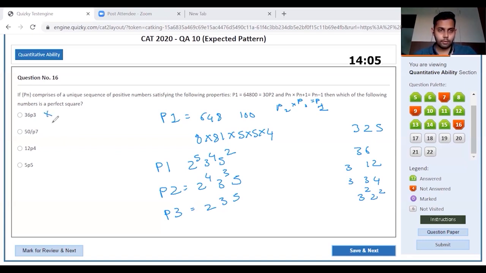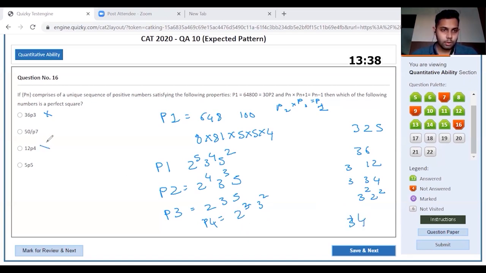Okay. Let's check for P4, which is 2 cube, 3 square, and 5 is eliminated. Okay. P4 is 12 into 12. If we add cube and square is fine. I just need to make 2 even. So 12 is 3 into 4. So 3 becomes a cube. No. So 3 is also not a perfect square.